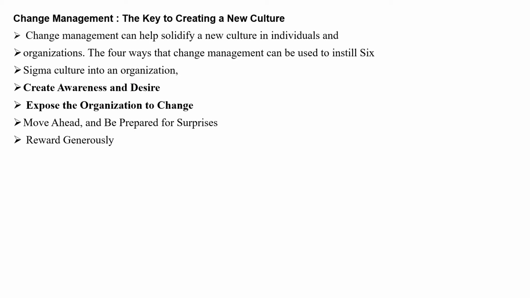Now we can see change management. For change management, we have to create a new culture. Before implementing Six Sigma, it is the normal traditional culture. After implementing Six Sigma, you can see the major difference. Each and every employee works towards the goal of the organization and can implement the Six Sigma culture. First we have to create awareness and desire in the employees and expose the organization to change, so they are ready to accept the change in culture.